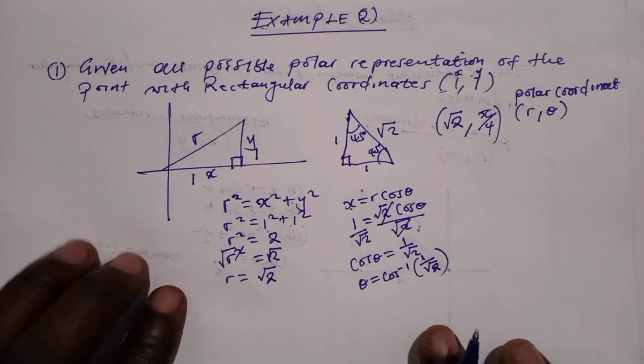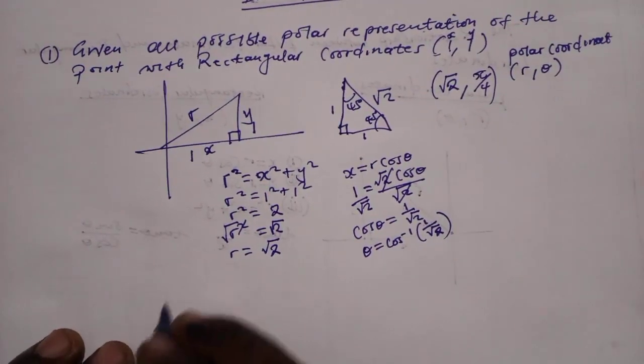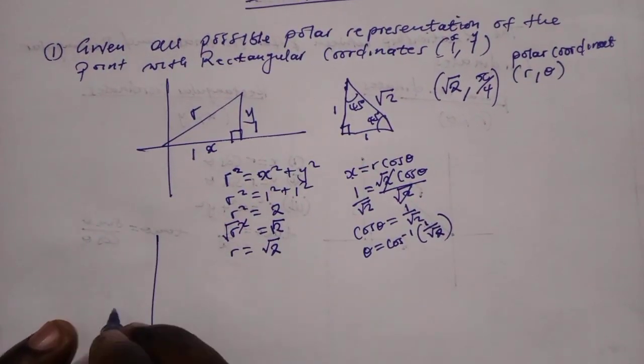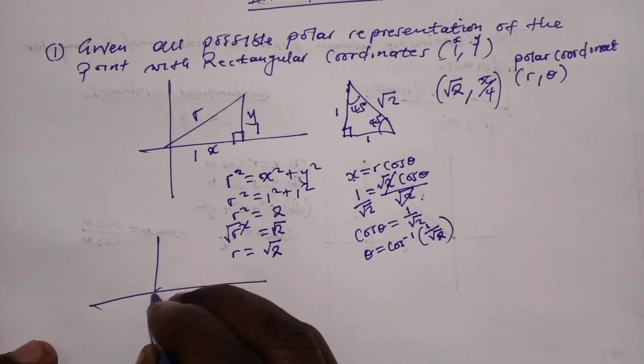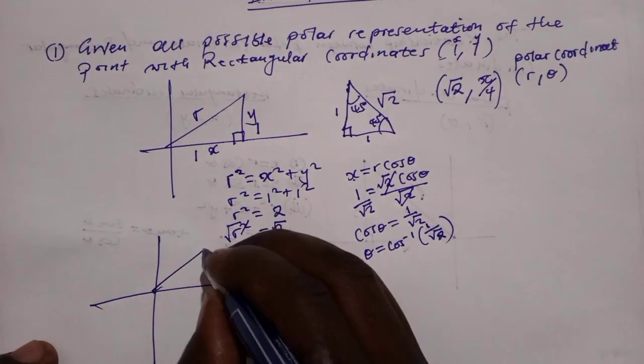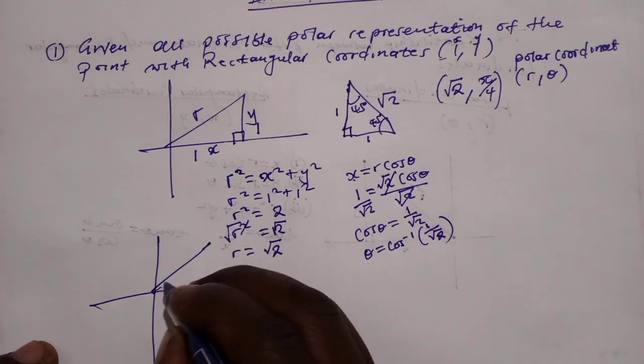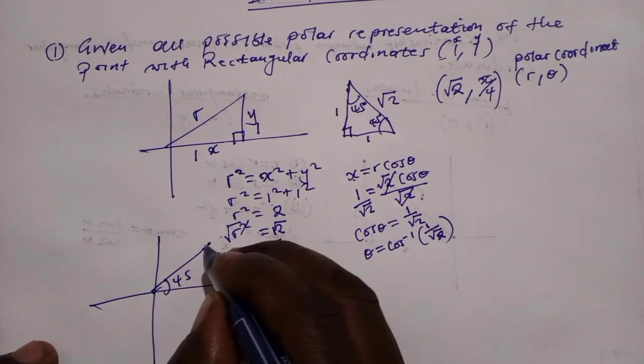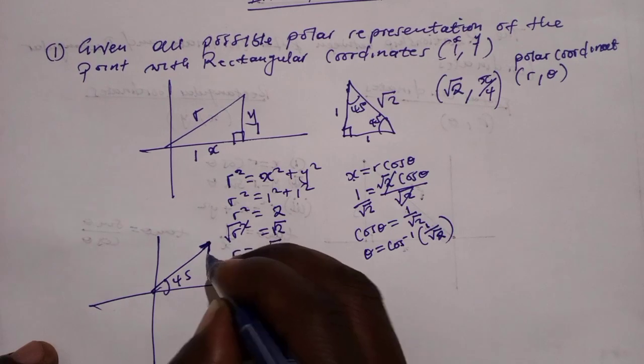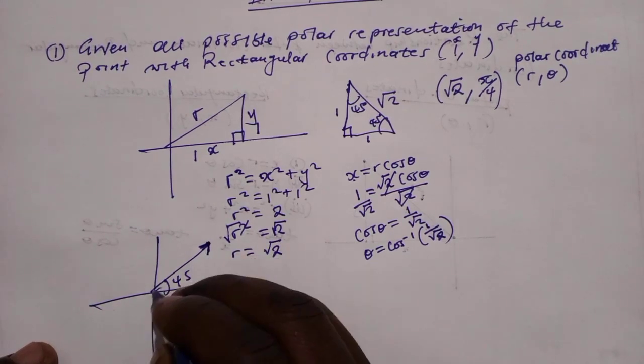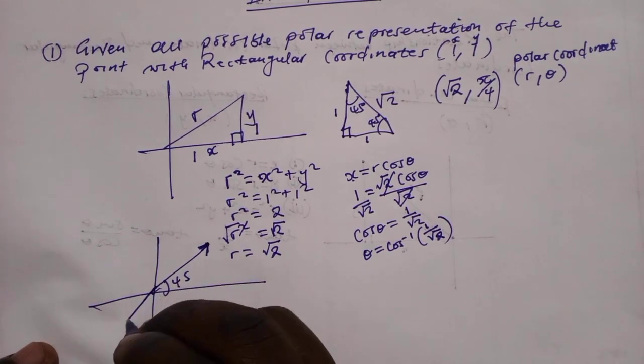So let's find other values. If we draw a quadrant here, 45 it is here. The way polar coordinate does, it moves in the opposite direction.